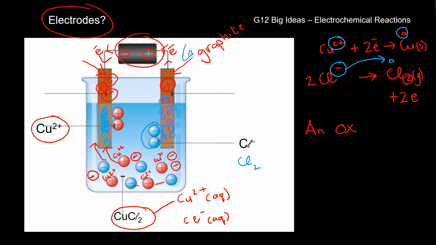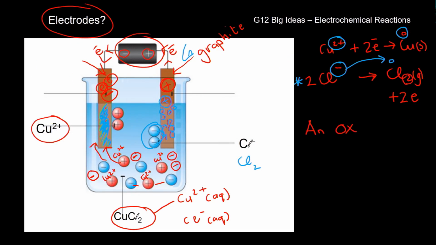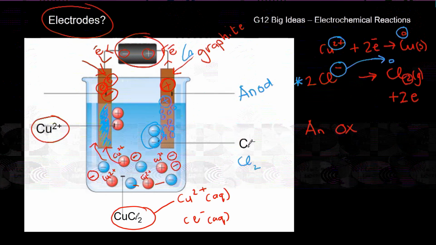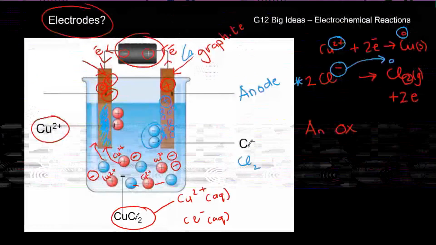So this is the oxidation half reaction. So an-ox, the anode, where is the anode? Well, that's going to be over here, because that is where the oxidation half reaction takes place. That means that the other electrode is going to be the cathode.